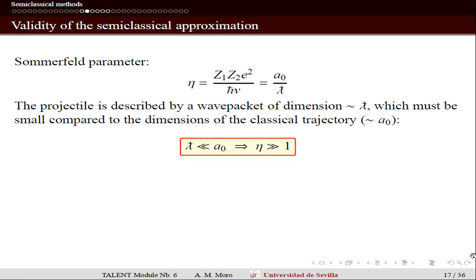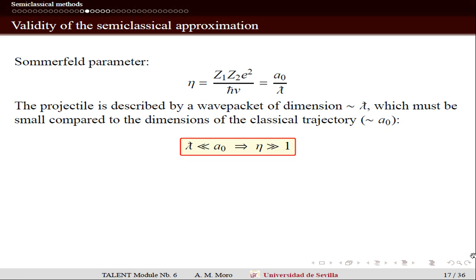So this ratio should be small. This is the condition that we are expressing here in words. So this ratio will be small, meaning that the Sommerfeld parameter has to be large in order for this picture to be valid. This is a condition for the validity of the semiclassical approximation in the context of Coulomb scattering.